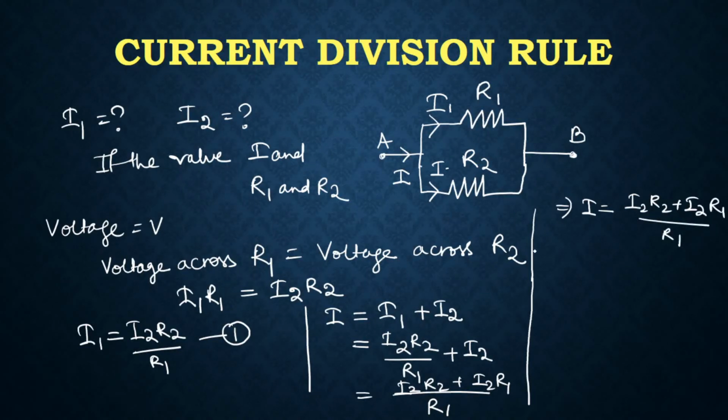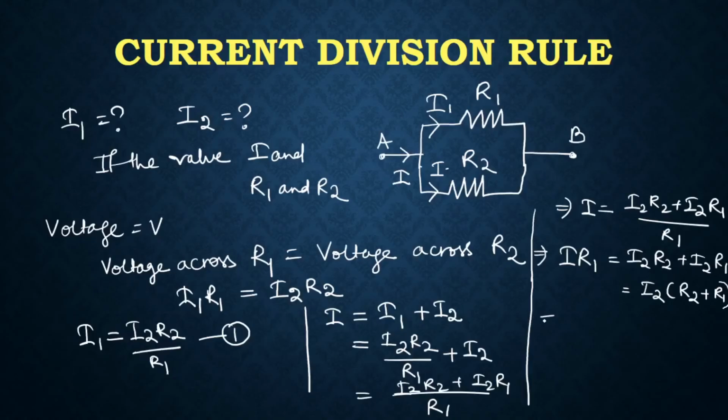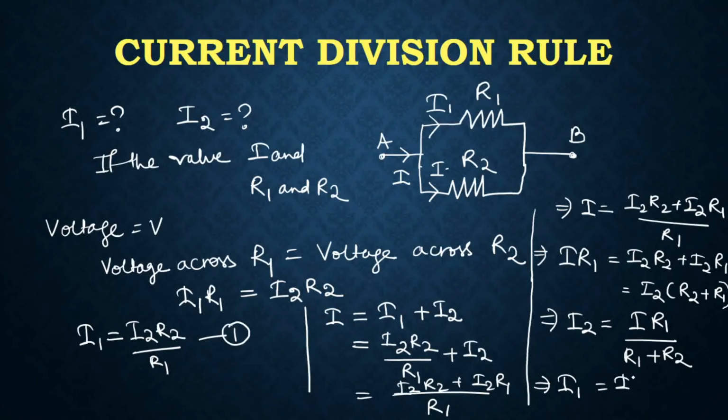Now I cross multiply it and I will get I R1 is equal to I2 R2 plus I2 R1. Now I take common I2 and this will be R2 plus R1. So I can tell I2 is equal to I into R1 divided by R1 plus R2. Similarly, if I derive it for I1, it will be I into R2 divided by R1 plus R2.